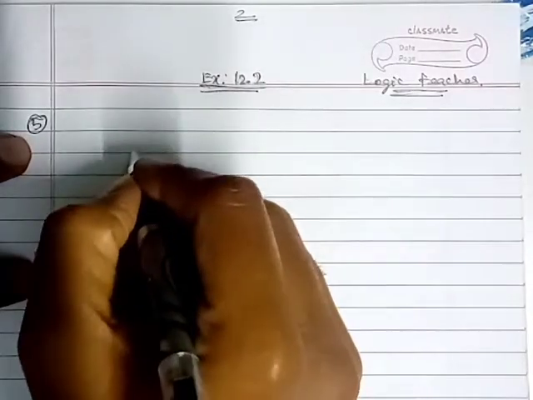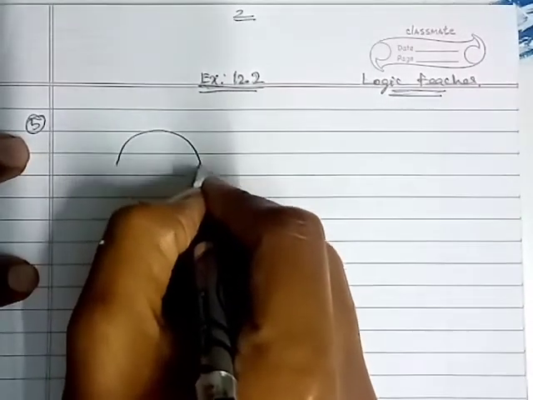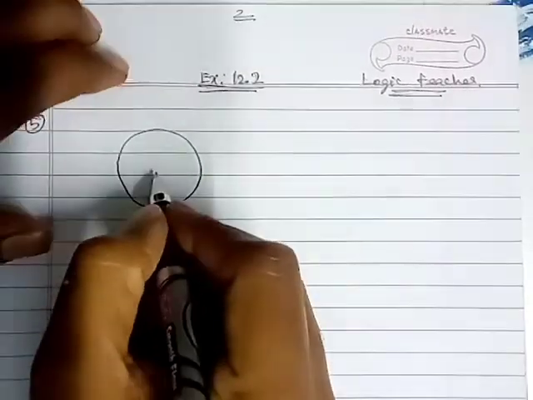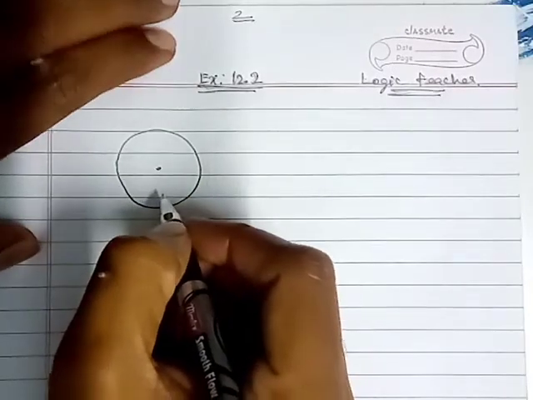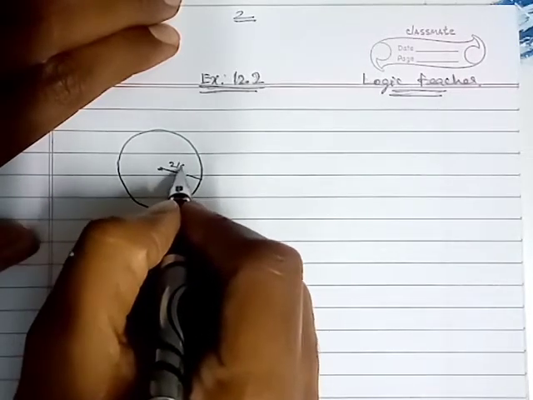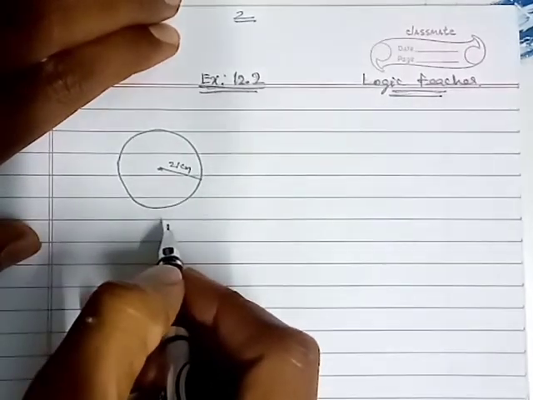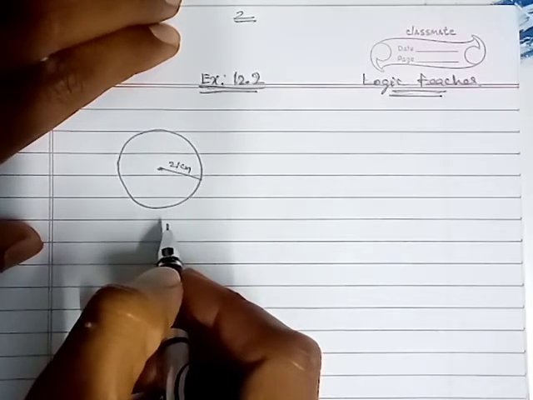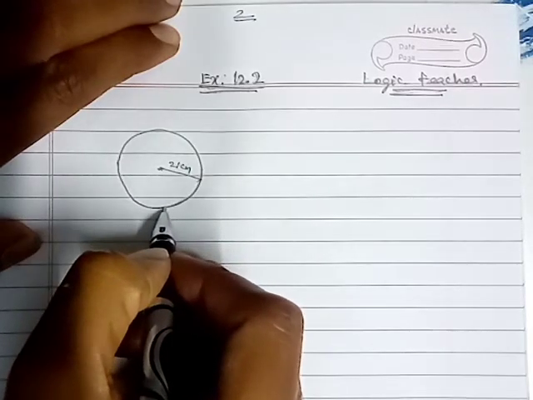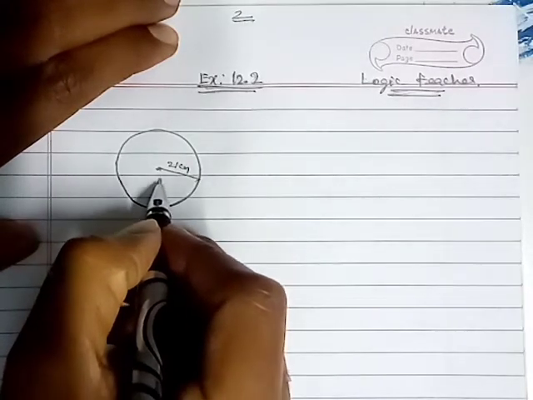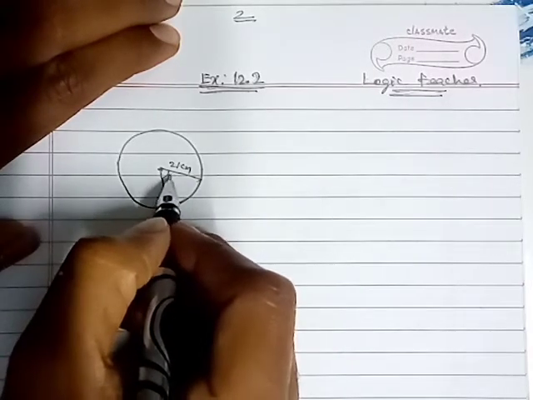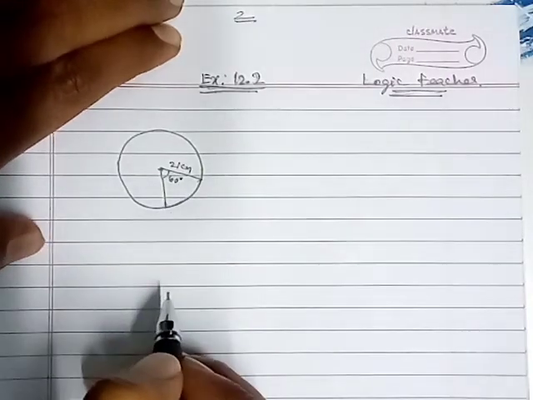Okay, in a circle of radius 21 centimeter, an arc which subtends an angle with the center of how much degree? That is 60 degree, right? 60 degree.